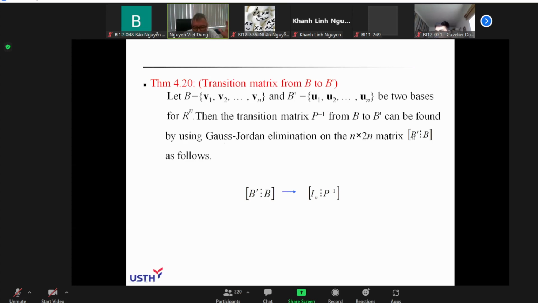You put B prime and B side by side like that, and you get an n by 2n matrix. Then you apply Gauss-Jordan elimination to change the first part into the identity matrix. Then the second part will become something, and that something is exactly the transition matrix from B to B prime, and it is P inverse.